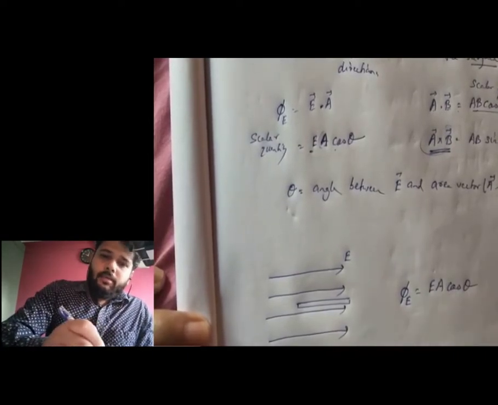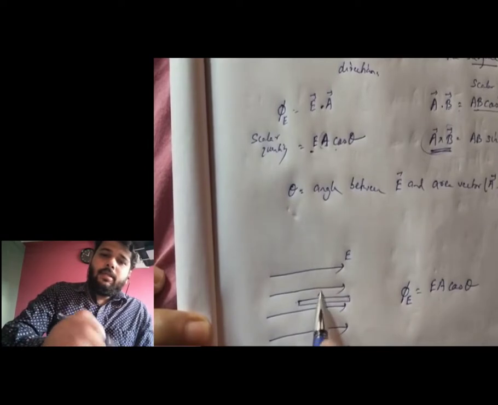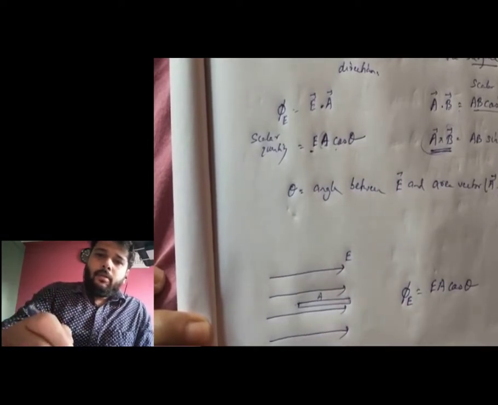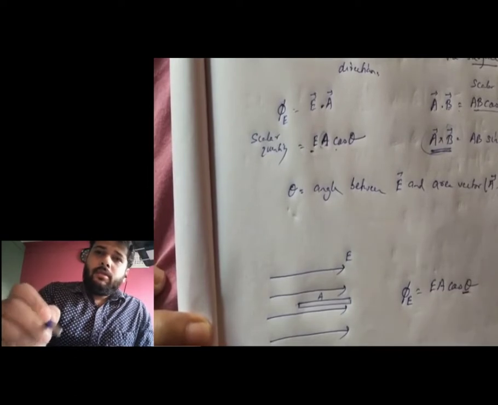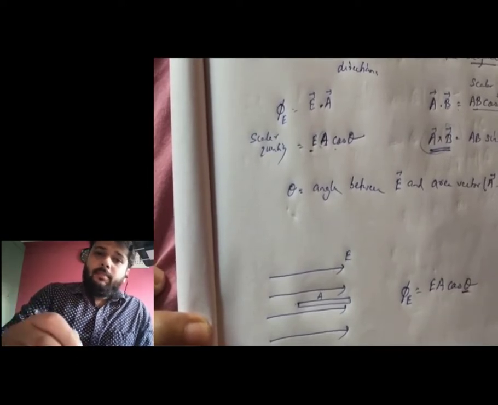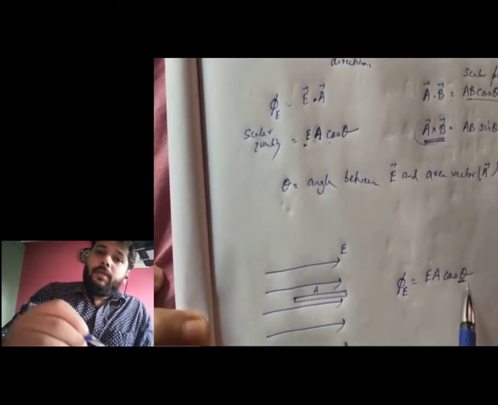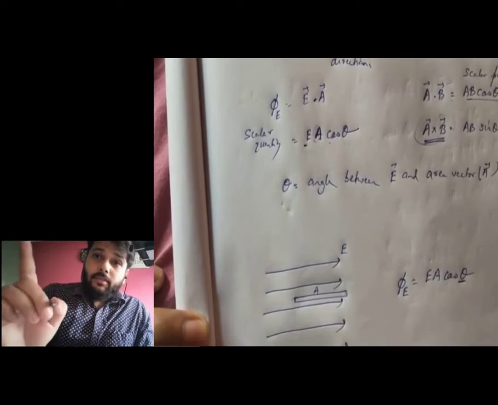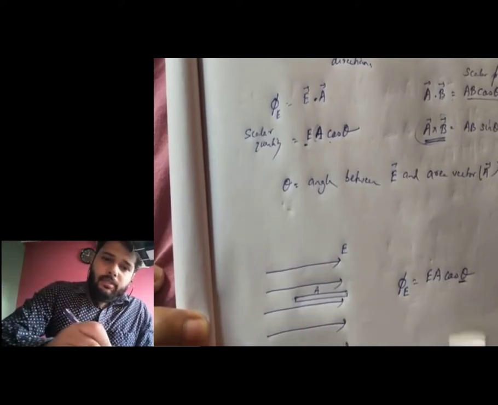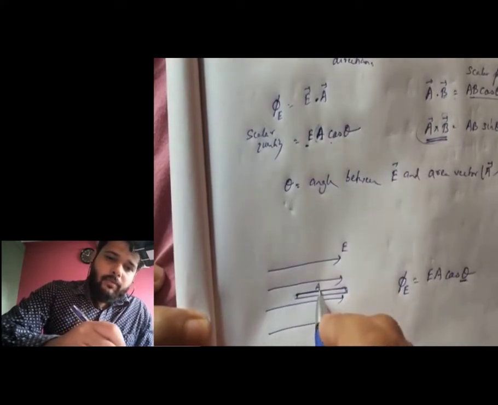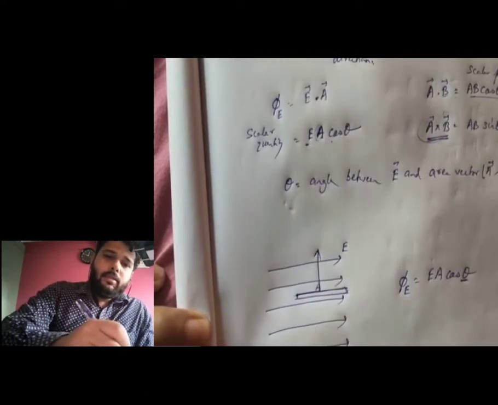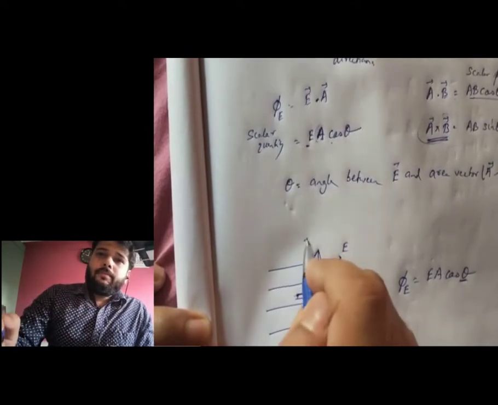Suppose the area is A. Next we are concerned with theta. So what is theta? Theta is the angle between electric field and area vector, not the surface. So this is the surface, and first we are going to draw the area vector. Area vector will be perpendicular to the surface. This is the direction of area vector.